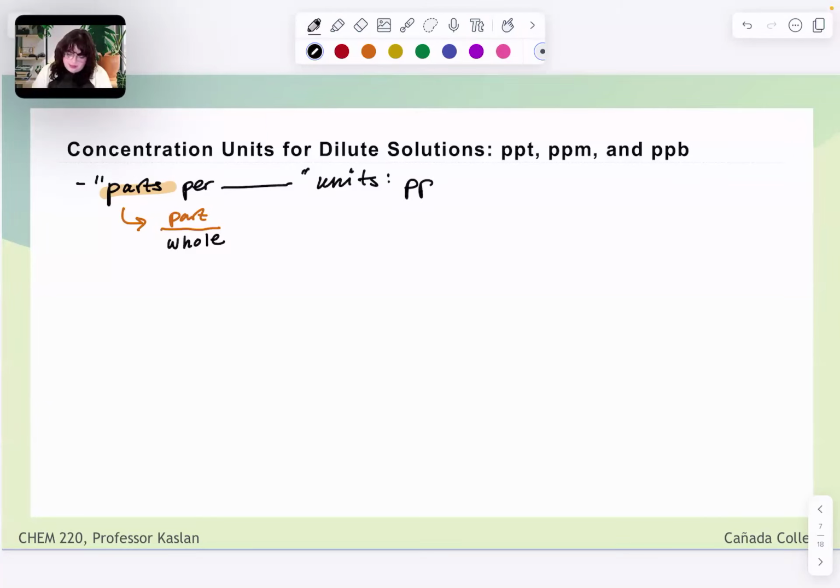So PPT equals parts per thousand. That's where the T comes from. So T, 1,000. ppm is parts per million.